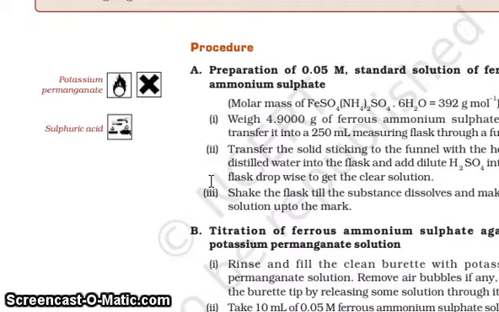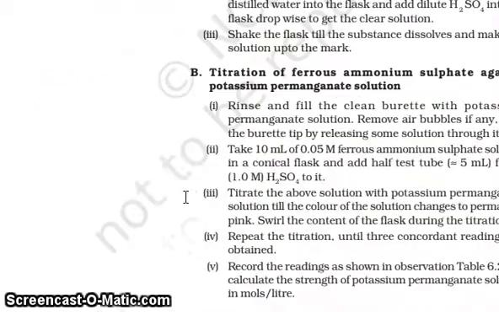Transfer the solid sticking to the funnel with the help of distilled water into the flask and add dilute sulfuric acid into the flask dropwise to get a clear solution. Shake the flask till the substance dissolves and make the solution up to the mark.